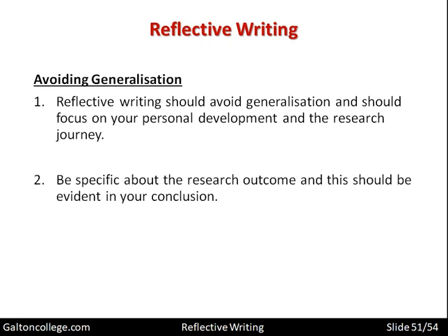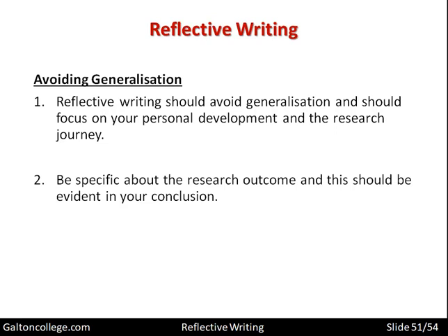Be specific about the research outcome, and this should be evident in your conclusion. So make sure that when you've written the original there is a good conclusion which absolutely clearly states what the outcome was. It has no doubt about what the outcomes are.